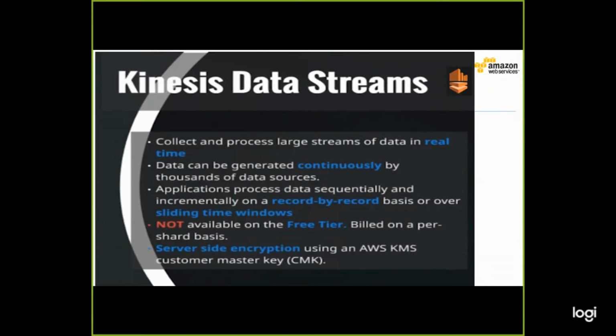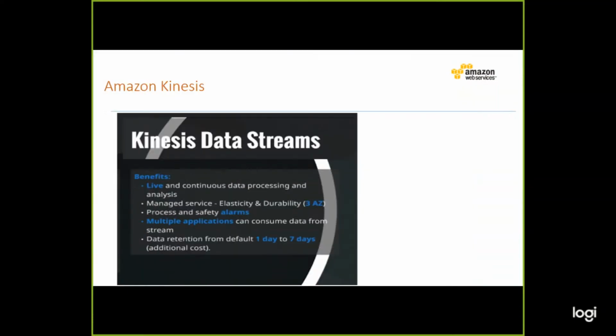Now, Kinesis data stream, there is a benefit of using that one. If you use live continuous data, like a channel streaming video on a live basis every day, then you can use these services and you can manage them across multiple availability zones.